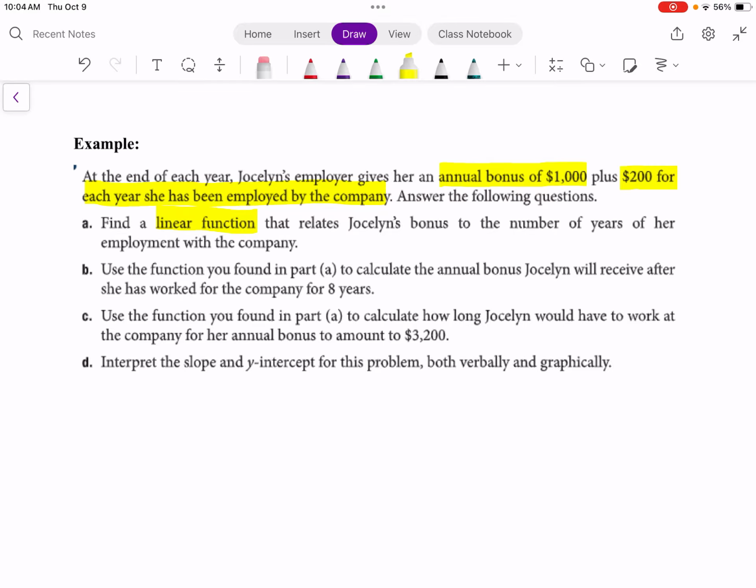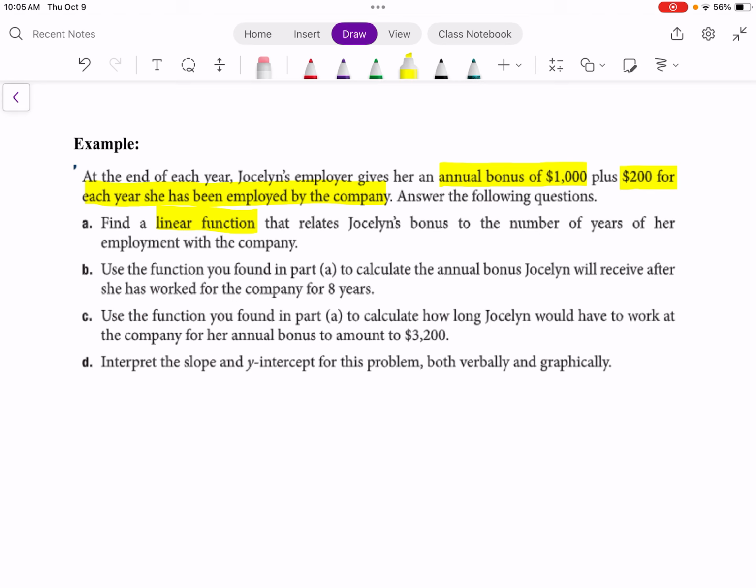So here we have to identify the input and output. What will be the input for this case? We have two variables, bonus and the time she works in the company. What will be the input and what will be the output?